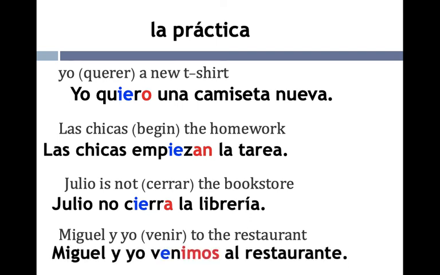Miguel y yo venimos al restaurante. Remember, that's a nosotros form, so it's a regular conjugation. There is no IE change in the nosotros, vosotros. And remember, to the, a, el, contracts to form al restaurante.